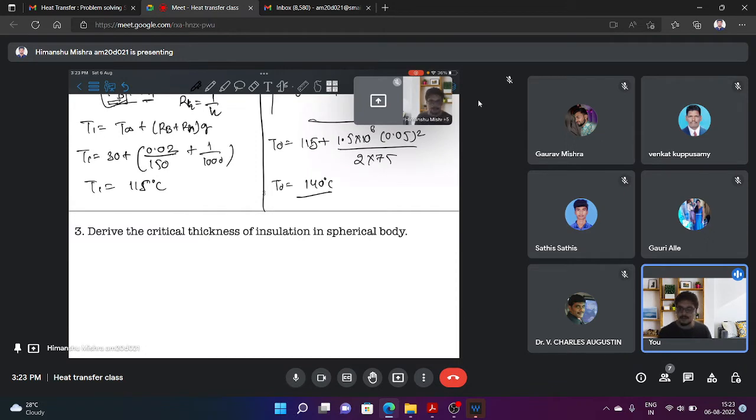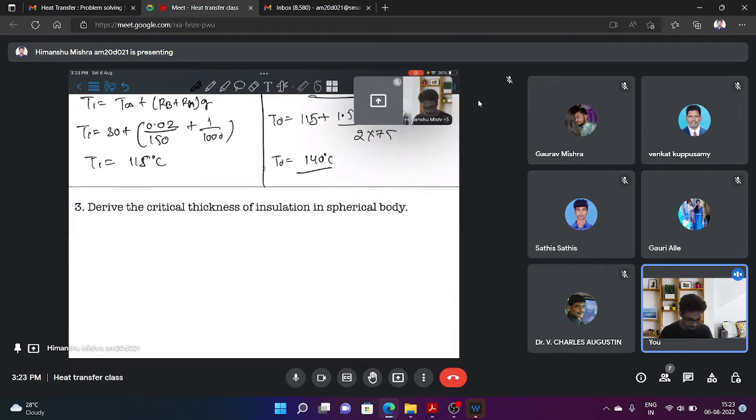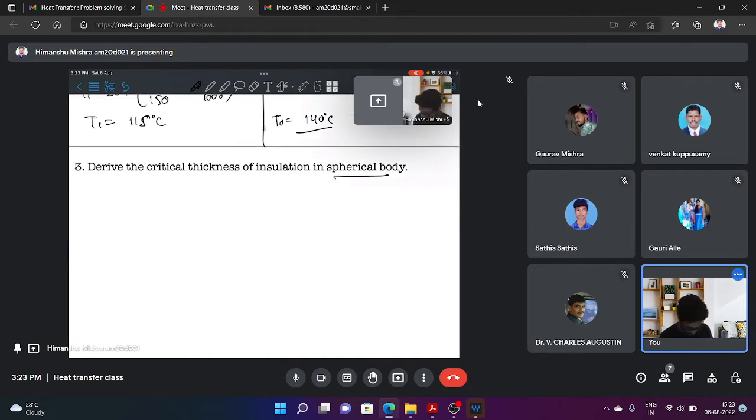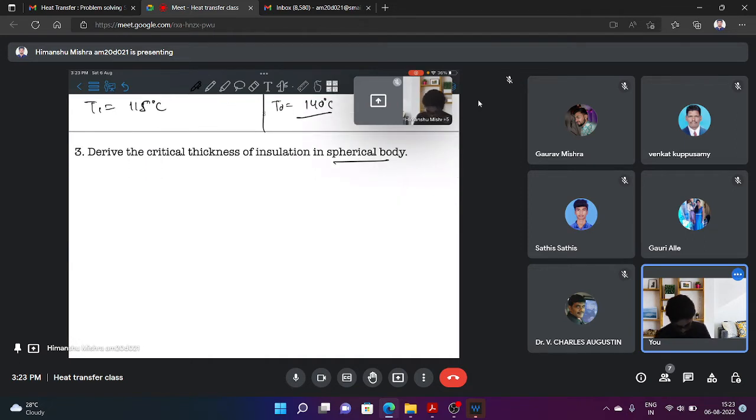So the third question is to derive the critical thickness of insulation in the spherical body. We know that the critical thickness is a concept where we add extra thickness of insulating material to the body, and it will increase the heat transfer up to a certain thickness, and that thickness is called the critical thickness.